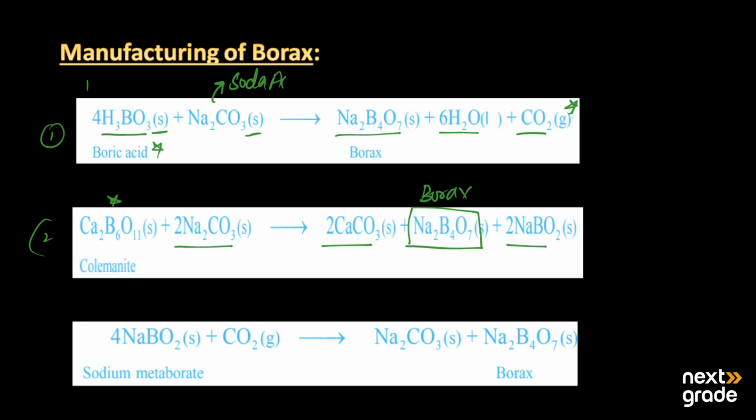Then we have the third method for the preparation of borax, in which sodium metaborate is used. It is also a byproduct of this process. When it combines with carbon dioxide, we gain sodium carbonate and borax as Na2B4O7. So this is a simple method for the manufacturing of borax.